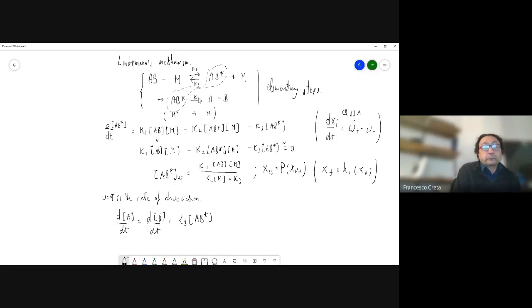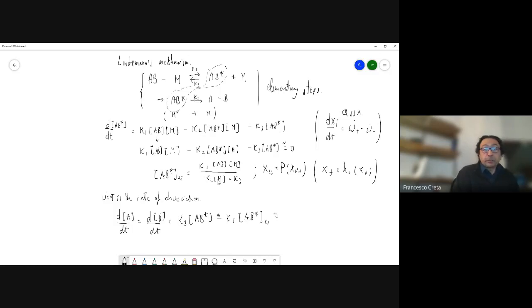Now, we've just found a steady state approximation of AB, right? Which is this expression here. So why don't we just substitute it by saying that this is approximately equal to K3, and then the steady state version of AB star, so K3 now multiplies this function, this group here.